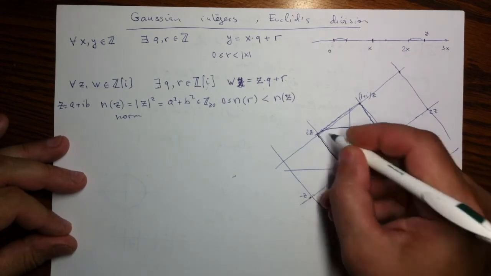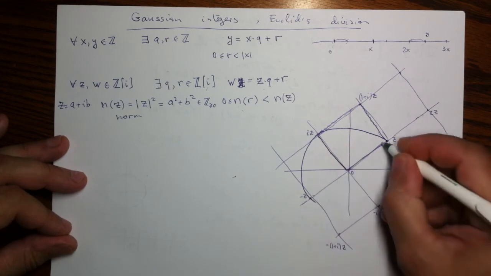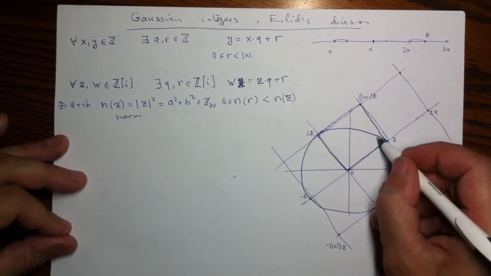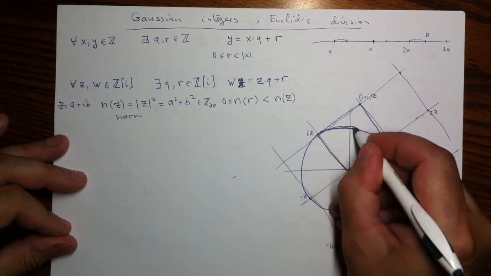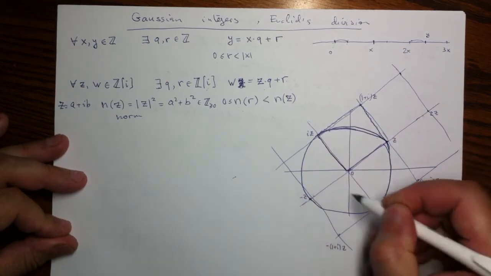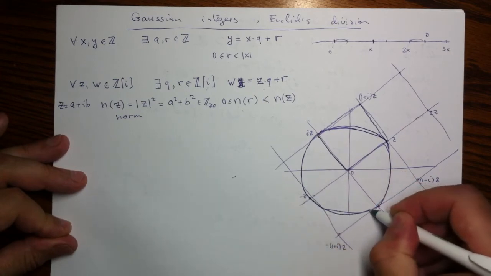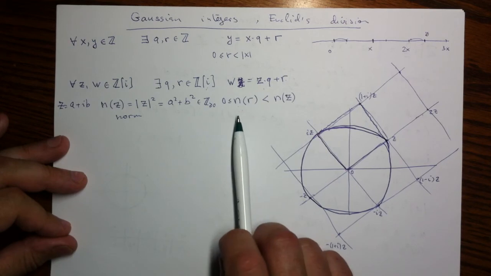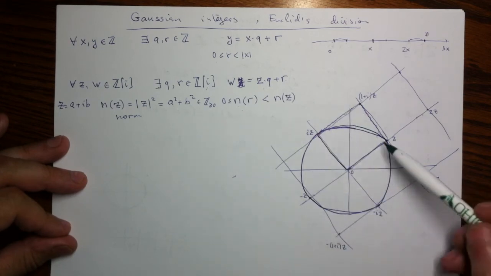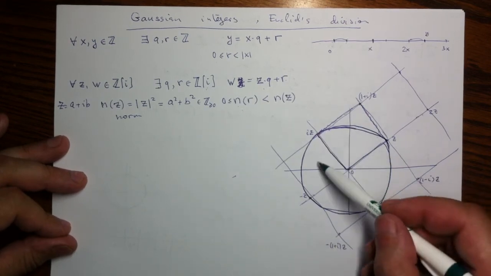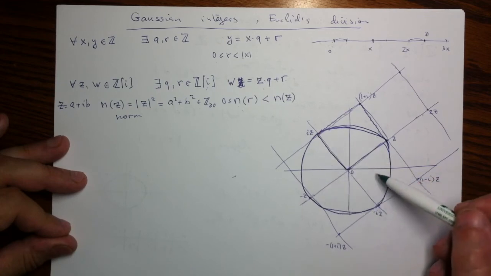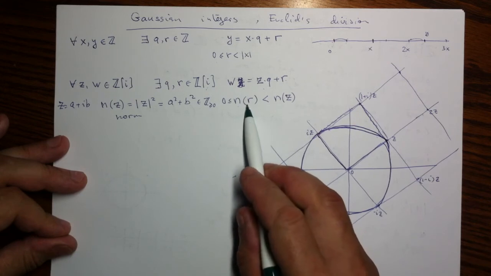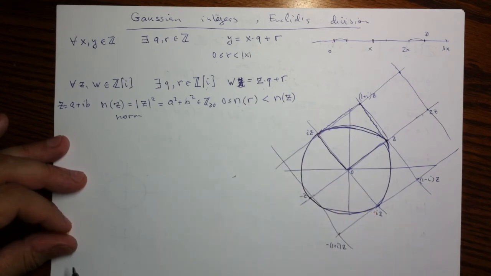So I will just draw a circle as well as I can. It's a bit squashed, but it's supposed to be a circle passing through these points. A more circular circle. So that is the position of all points, not necessarily Gaussian integers, but all integer coordinate points inside the circle will be Gaussian integers, good for being remainders.